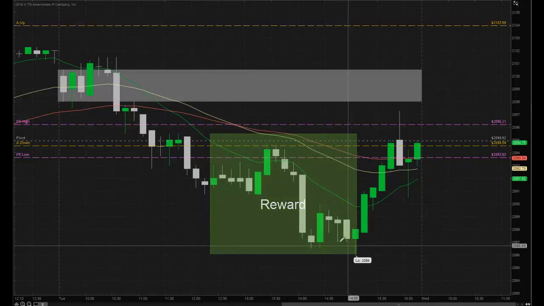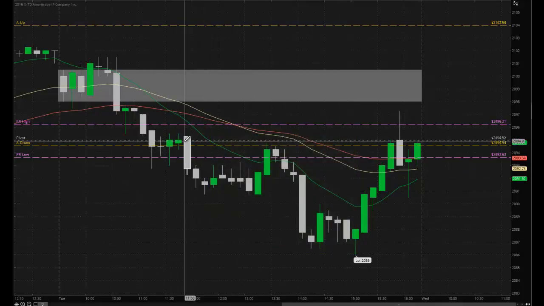So when this bar here gets through and closes below the pivot range, you definitely know you've got something big going on right here. This is the time that you want to hold on and start looking for targets to the downside.